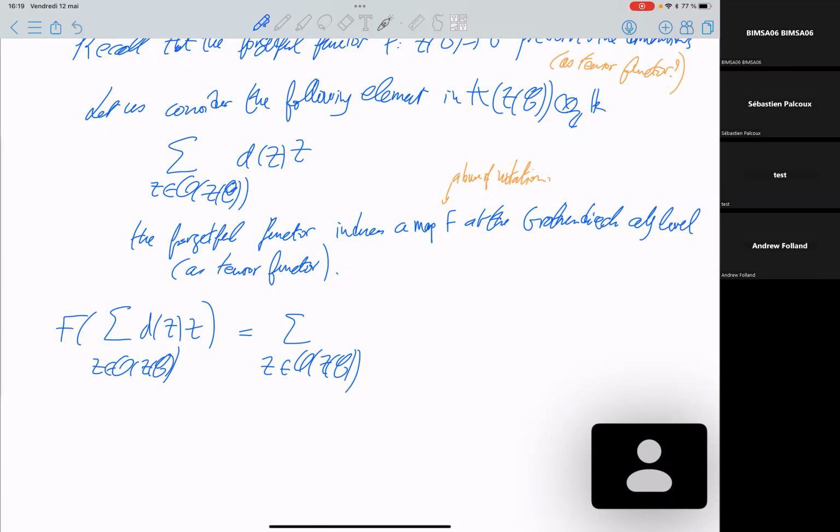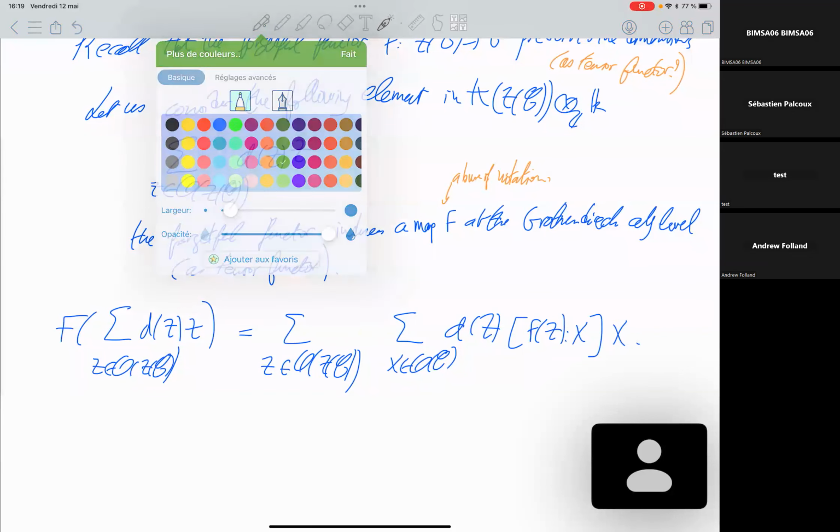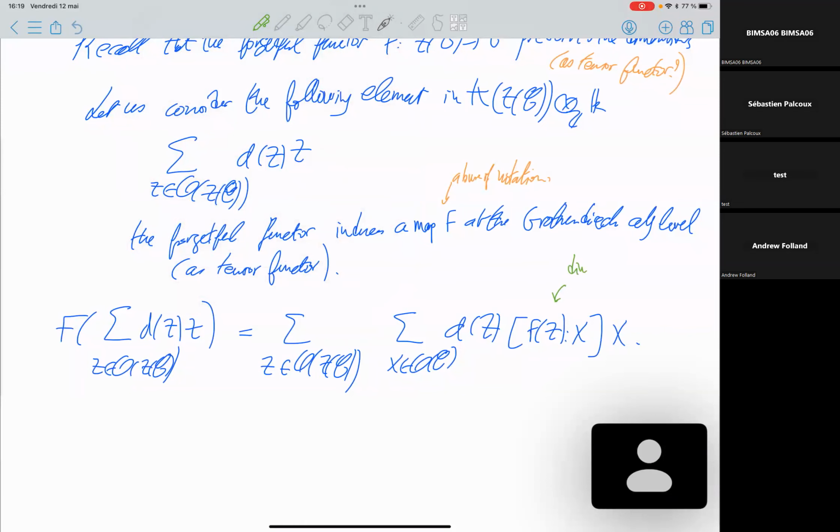You have the sum over the simple objects, and then you decompose F(Z), so you get something like that: F(Z) over X. Remember that this is the dimension of the Hom space from F(Z) to X. Okay.